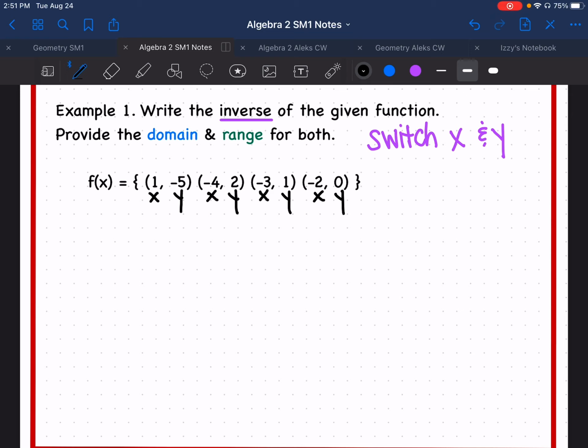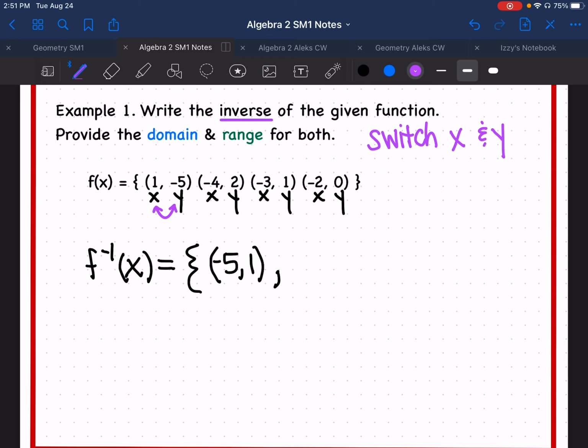When I go to do f of -1 of x, the inverse of it, I'm going to start with the squiggle. And I'm going to take each one of my ordered pairs and simply switch x and y. So my first ordered pair would become -5, comma 1.